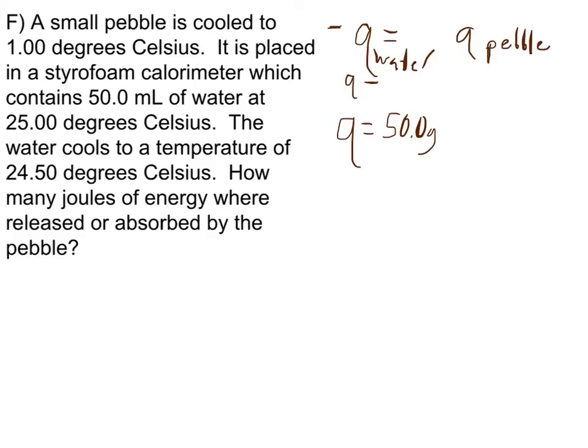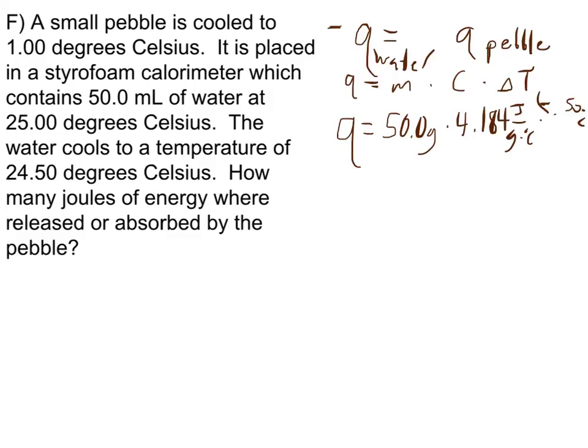We're ultimately going to use Q equals mcΔT, mass times specific heat times change in temperature, to solve this problem. The mass of water is 50 grams. The specific heat of water is always 4.184 joules per gram degrees Celsius. And the change in temperature in this case of the water goes from 25 degrees to 24.5 degrees, so it's going to be negative 0.50 degrees Celsius.